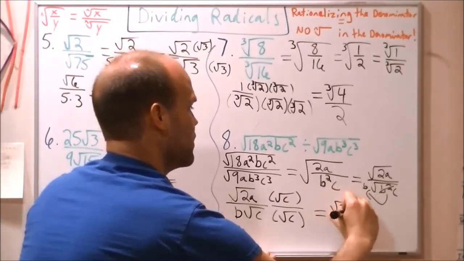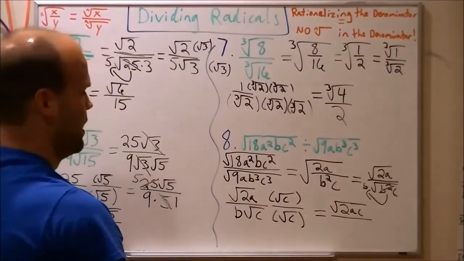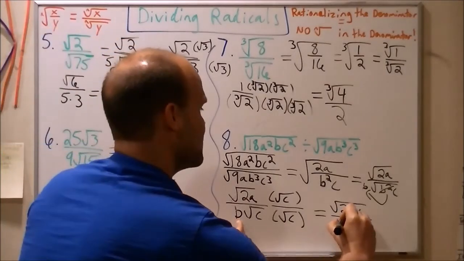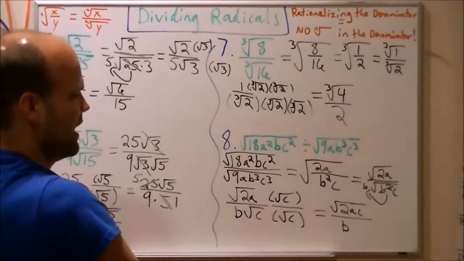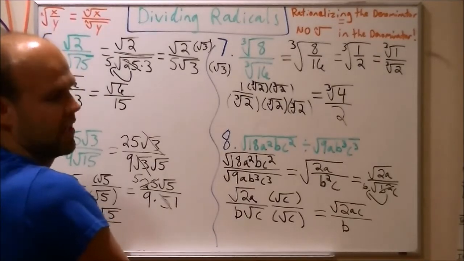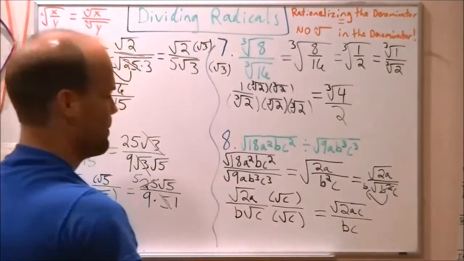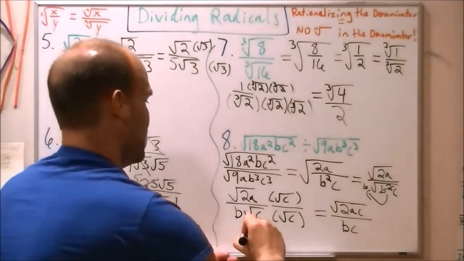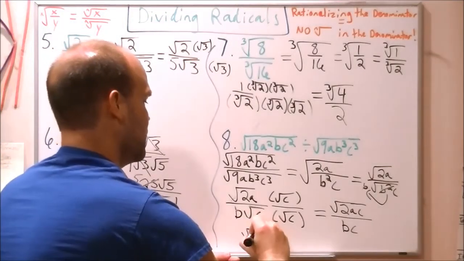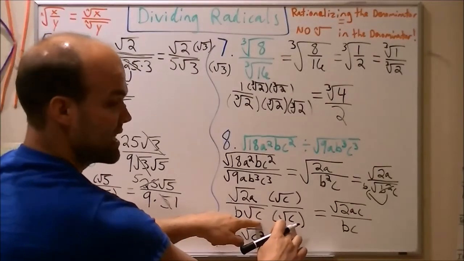And remember, when I multiply, I can combine these together. I have the square root of 2ac over b remains, but whenever I have two c's with square roots, how many c's do I have outside of a square root? Just a single one. Because think about it, if I multiply them together, I have the square root of c squared, because c to the second power.